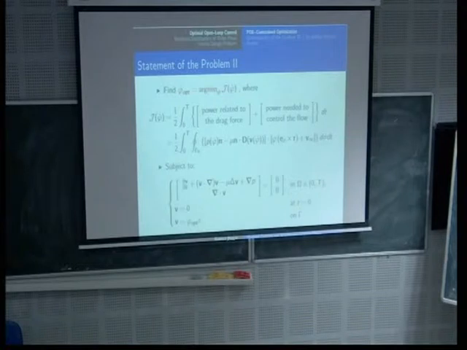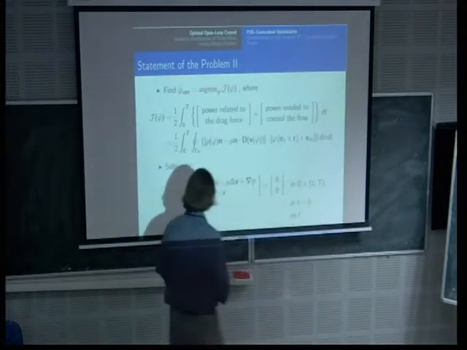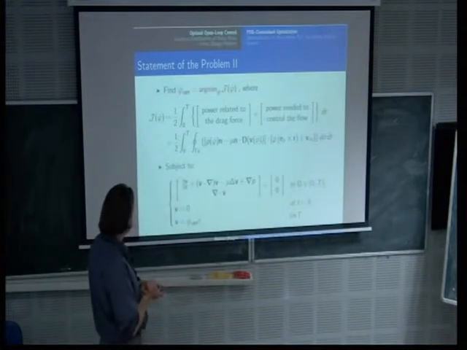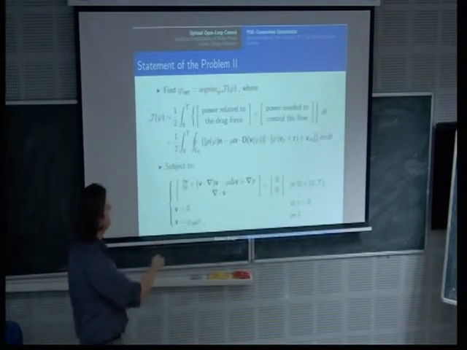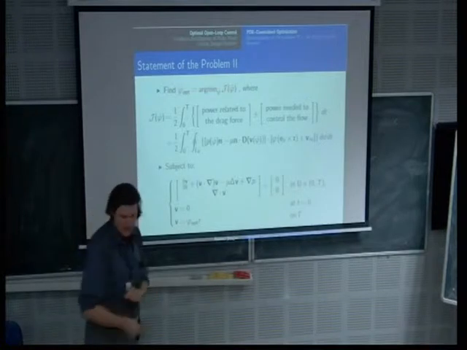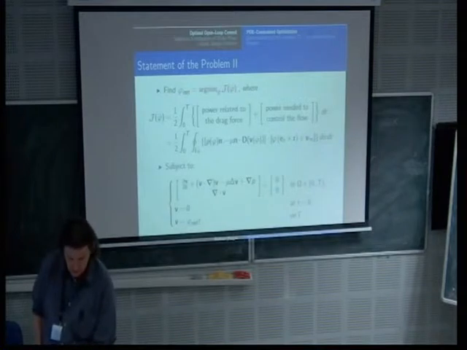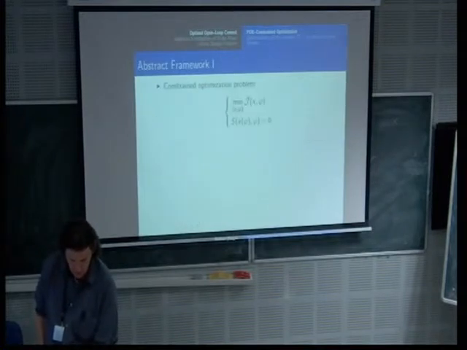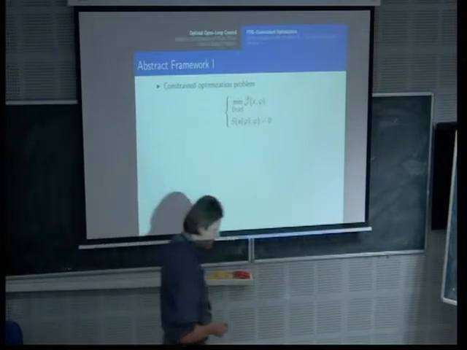Phi star represents the rotation rate, and it is related to our governing system by the boundary condition. So the control variable enters the constraint equation through the boundary conditions, and this is the quantity that we'll seek to determine, for which we'll seek to find the optimal solution.